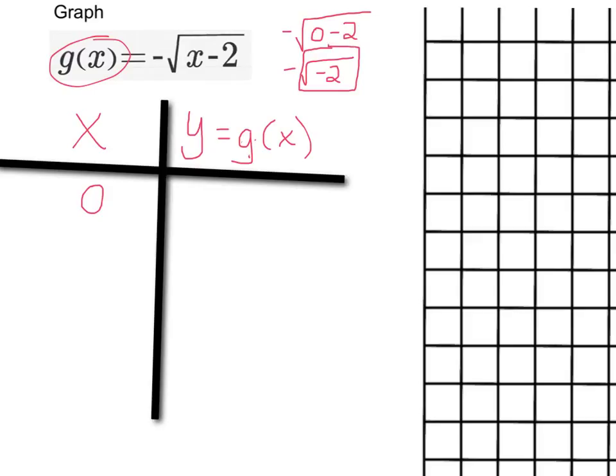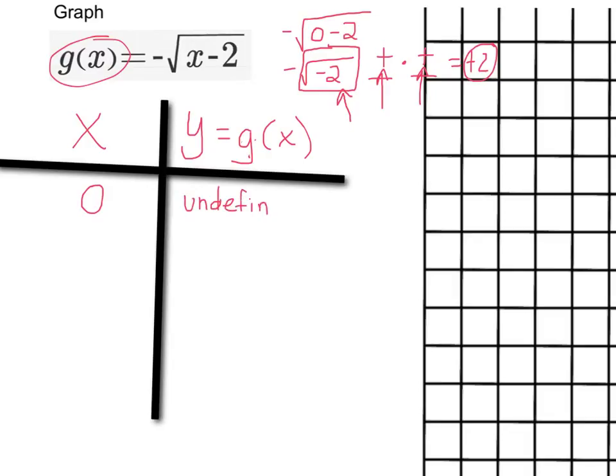The square root is asking what times itself will give me negative 2. Well, if this is the same as this, then the output always has to be positive. A negative times a negative is a positive, and a positive times a positive is a positive. So I cannot take the square root of negative 2, and my output here is undefined.